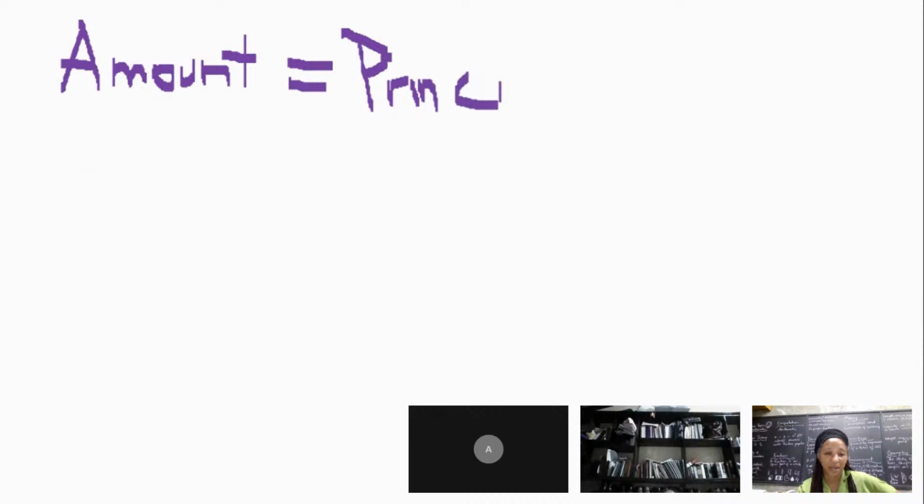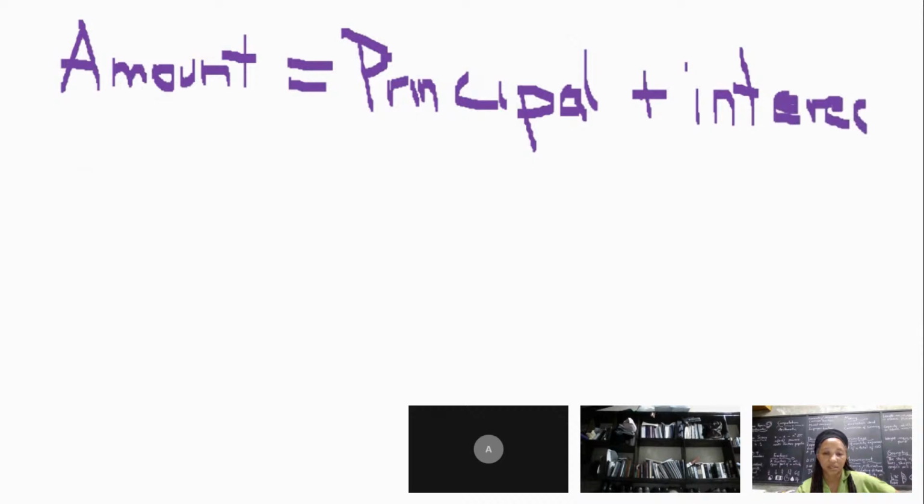You have to pay that back plus the interest. So the amount is the principal plus the interest. So when we work out the simple interest, we add it back to the principal to see how much money we are going to pay back in all.